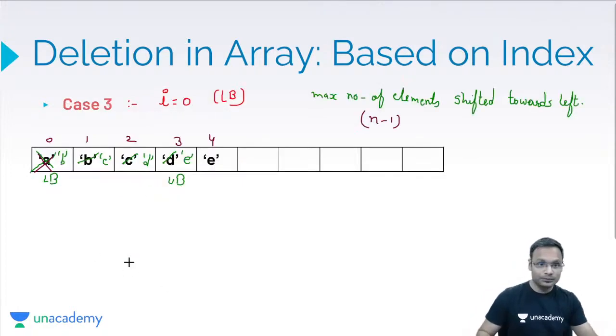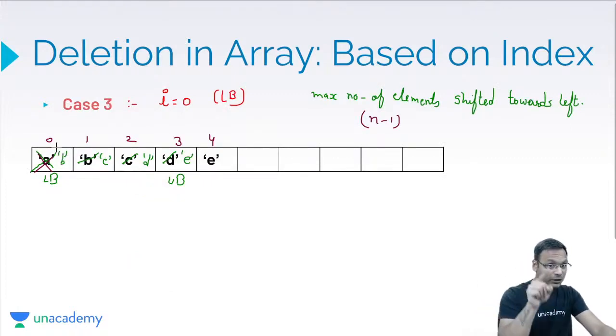What I will do is shift the next index element here. If right now k is here, the k plus 1 index array element should be copied to index k, then k plus plus, k comes here, this element is shifted here, and so on.